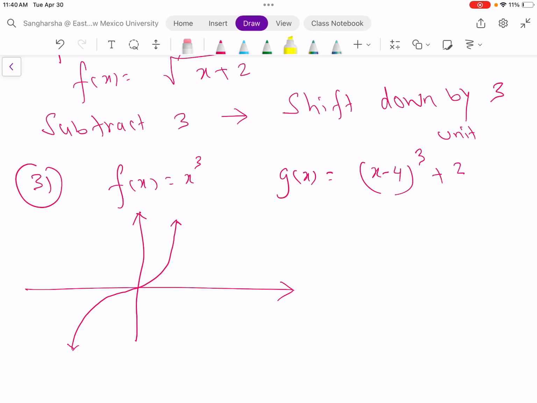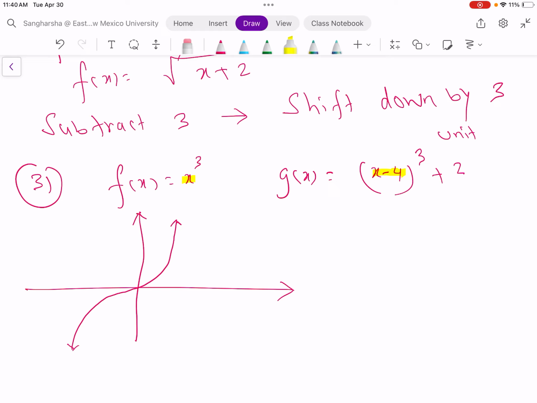So what would be your first step? You're going to replace x by x minus 4, right? And replacing x by x minus 4 means you are moving right by 4 units.